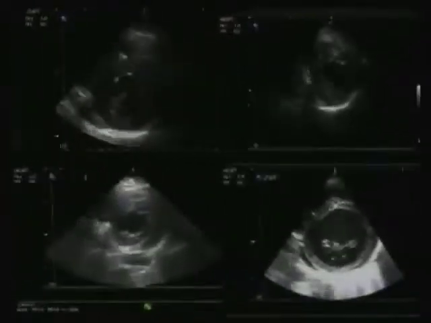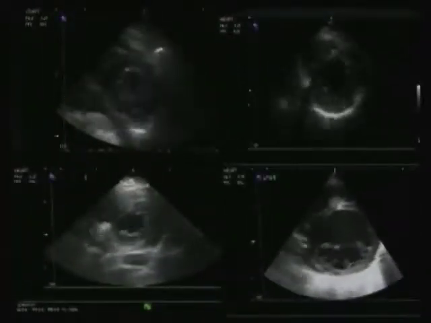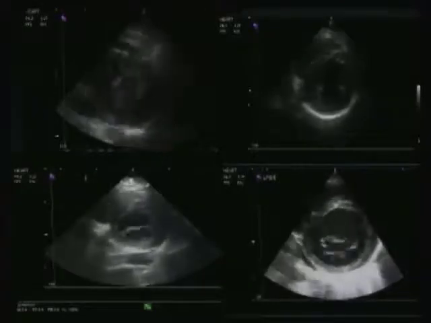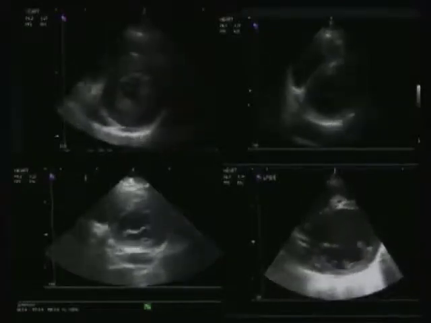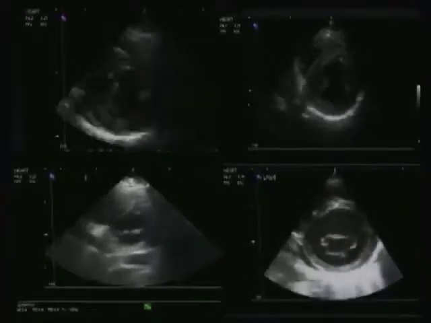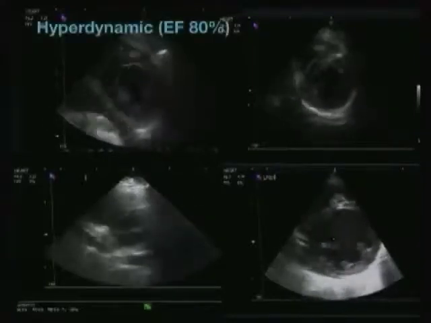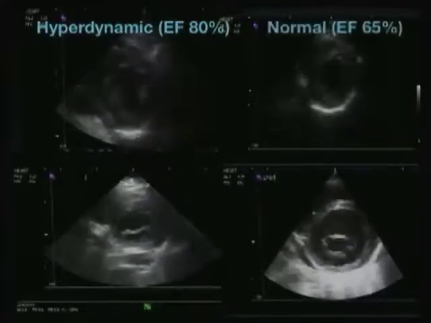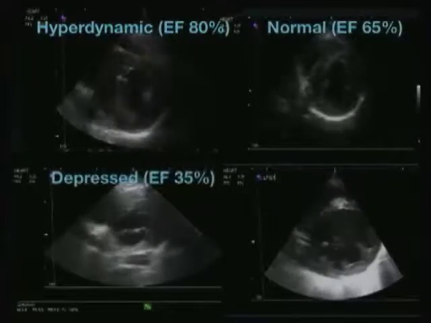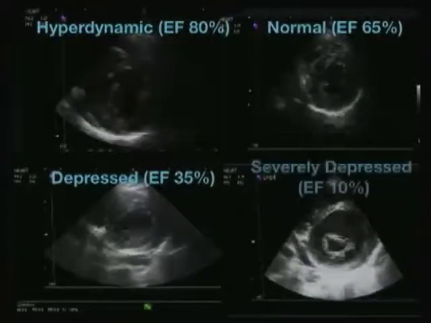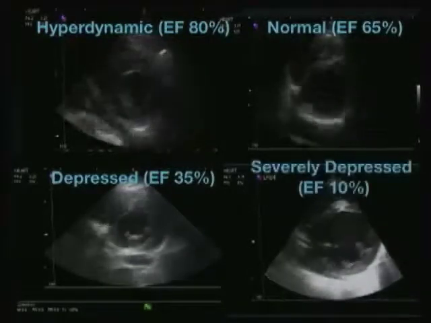So put those all together to give you a sense of how easy it is to see the difference between the different states. In the top left we have the hyperdynamic one, and the top right we have a normal one. In the bottom left we have a depressed ejection fraction, and in the bottom right we have a severely depressed ejection fraction.